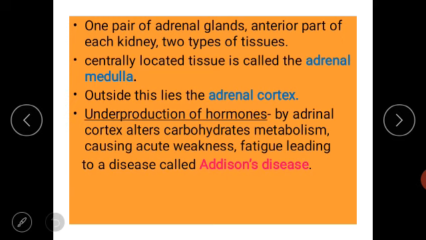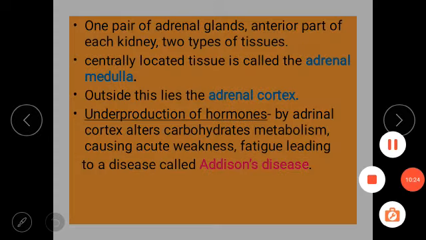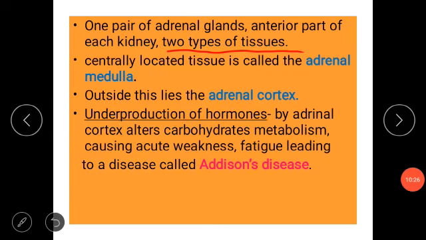Adrenal gland is composed of two types of tissues. The first one, the centrally located tissue in the adrenal gland, is the adrenal medulla.